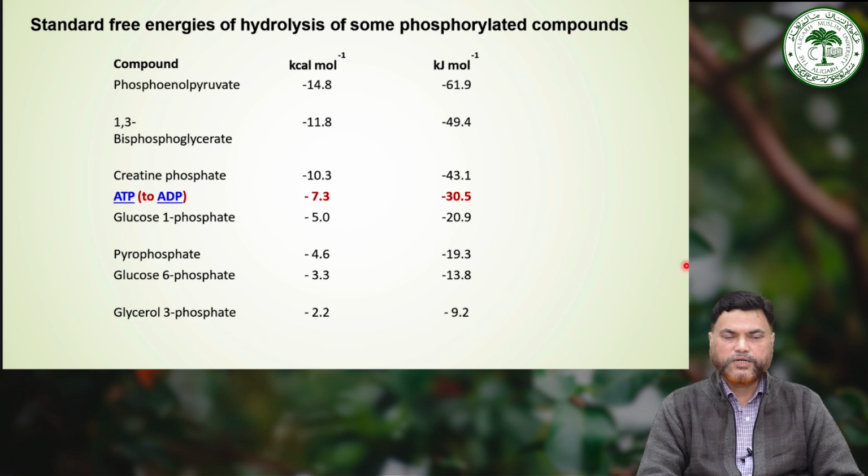These compounds are phosphoenol pyruvate, 1,3-bisphosphoglycerate and creatine phosphate. These three molecules have more phosphoryl group transfer potential than ATP, and the other molecules like glucose 1 phosphate, pyrophosphate, glucose 6 phosphate, glycerol 3 phosphate have less phosphoryl group transfer potential than ATP.